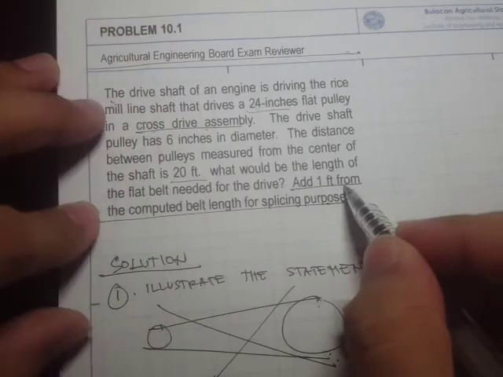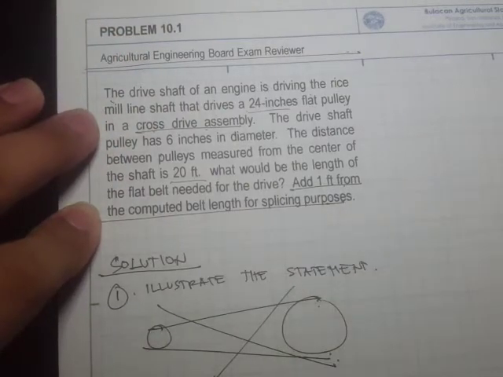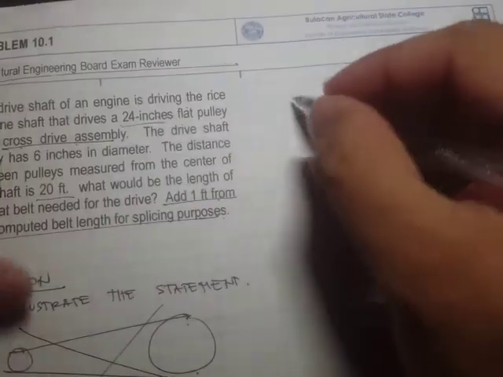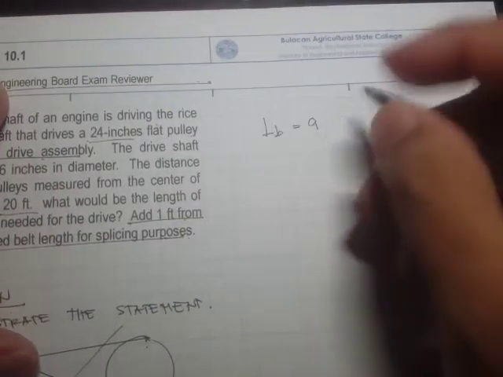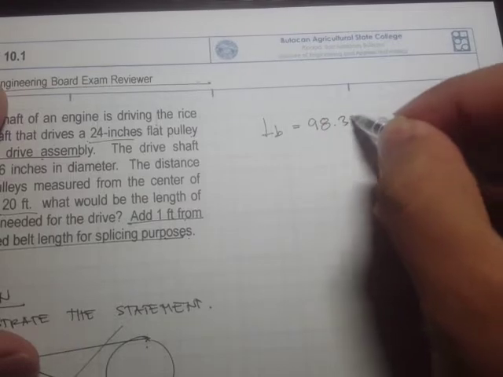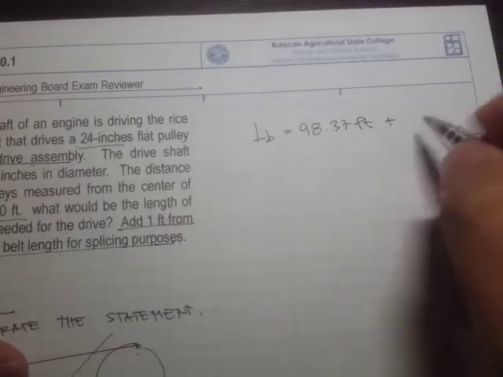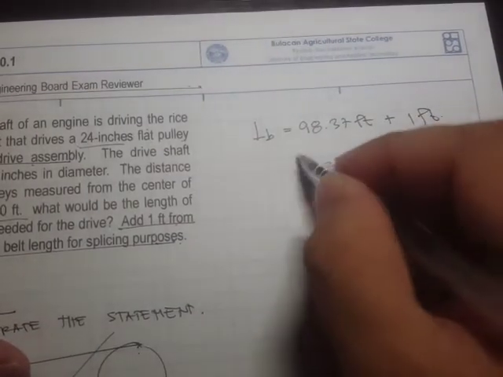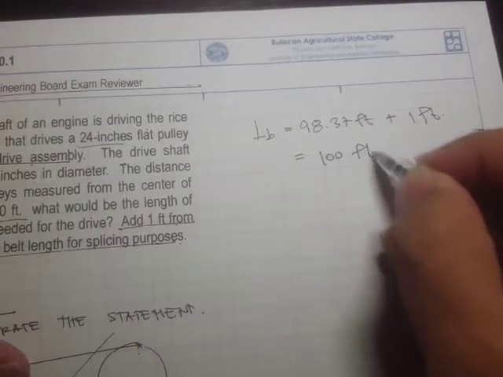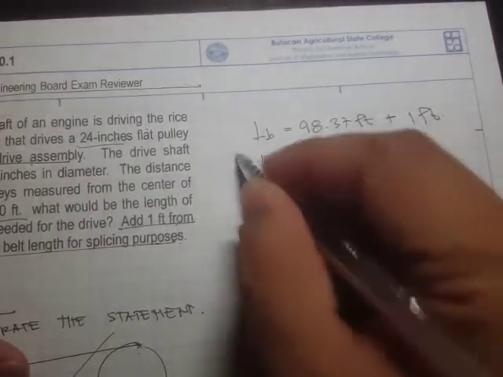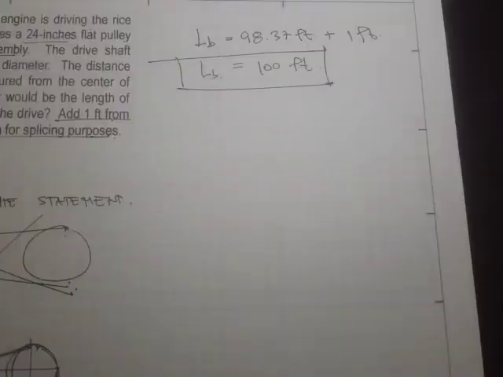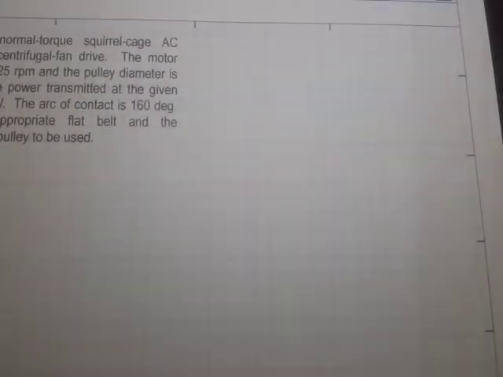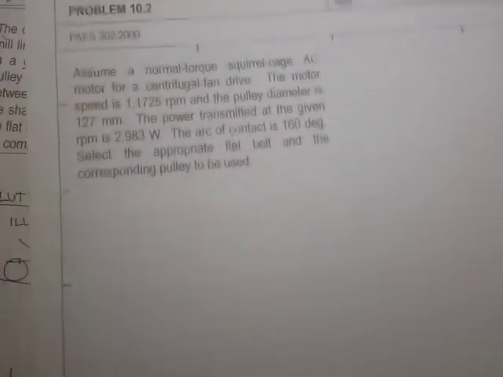However, it says here that add 1 foot from the computed belt length for splicing purposes. So LB is equal to 98.37 feet plus 1 foot. So this is just simply 100 feet. Okay, so I think that's all for this problem number 1, and let's go to problem number 2.